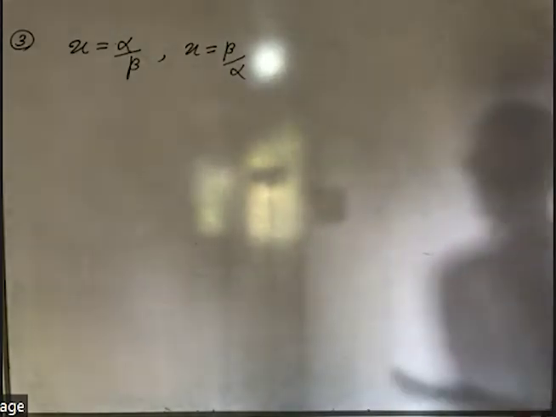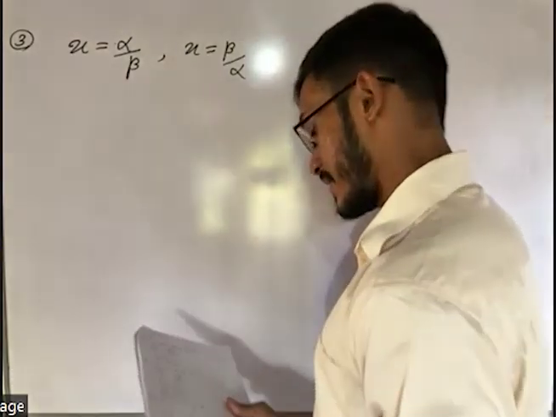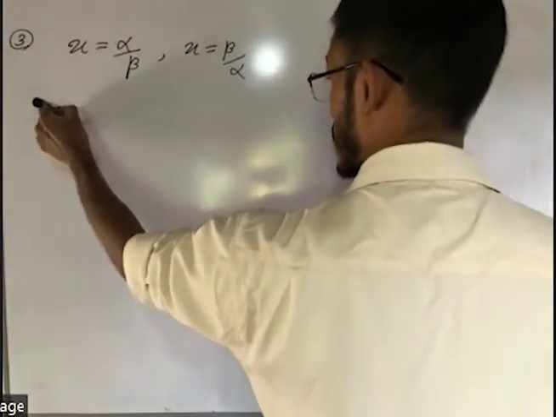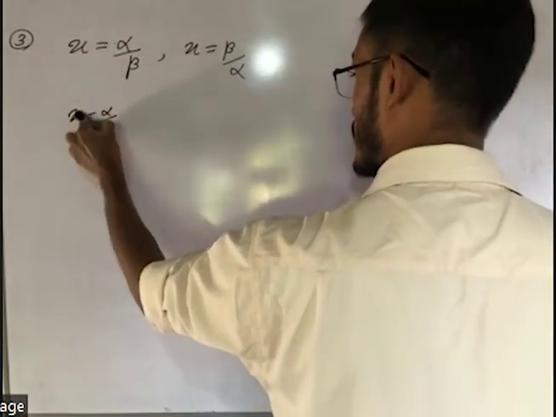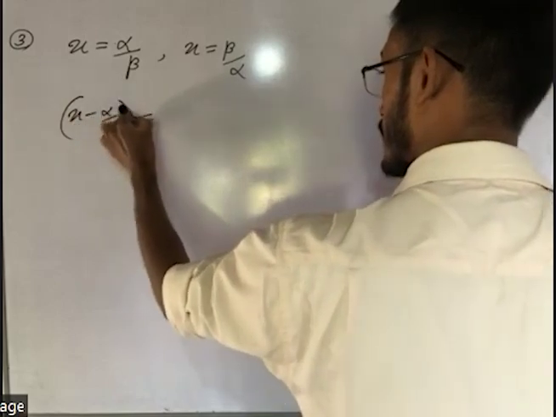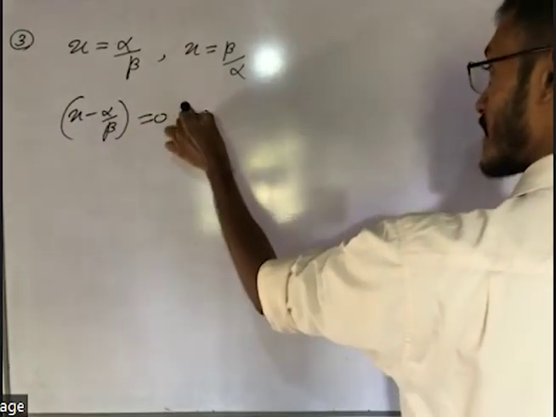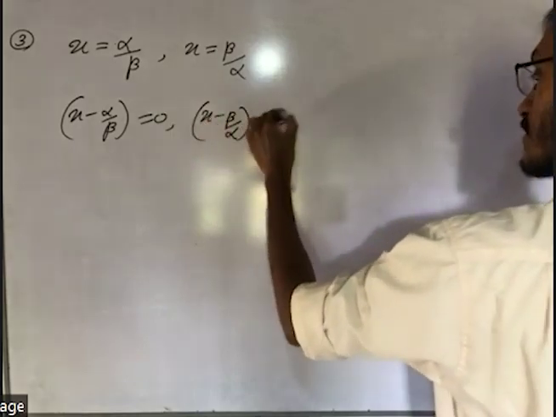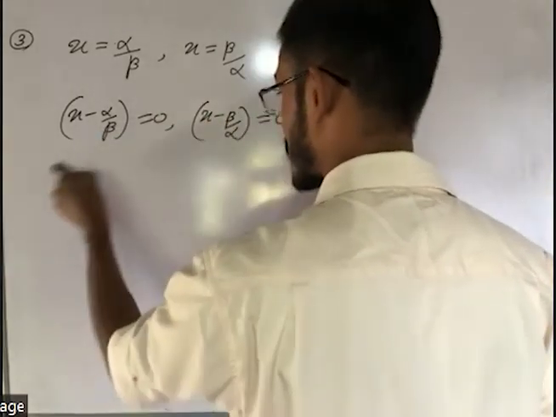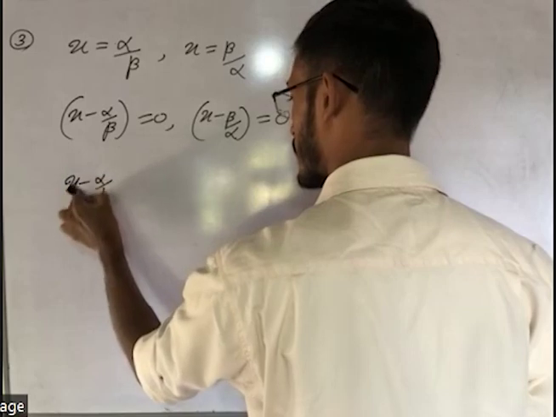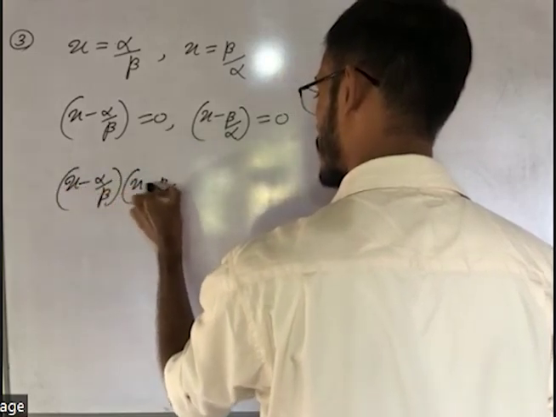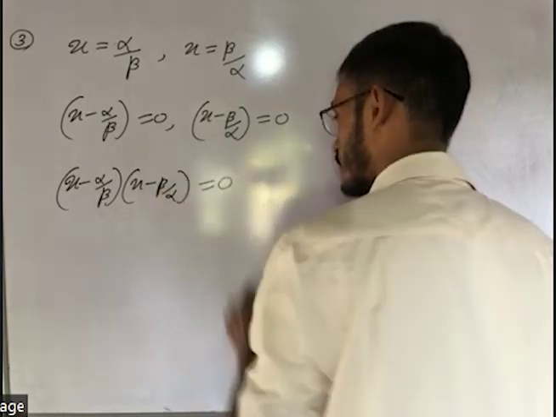Now look at this. We can do this in the same process. Take this to the other side. x minus alpha over beta equal to 0. Here we can write x minus beta over alpha equal to 0. Multiply both factors. x minus alpha over beta into x minus beta over alpha equal to 0.